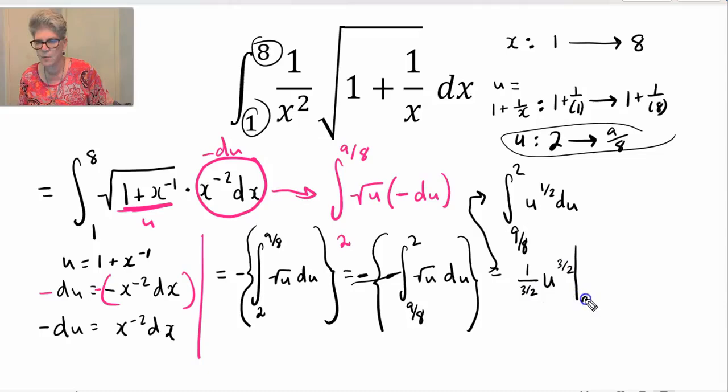And then this is being evaluated from 9/8 up to 2. Okay. Now, I can simplify. If you have 1 over a fraction, it just flips the fraction. So 1 over 3/2 is going to be the flip of 3/2. So 1 over 3/2 is 2/3. I'll put that down here.